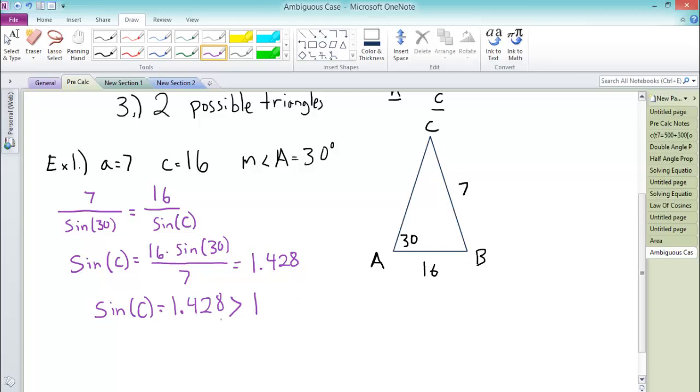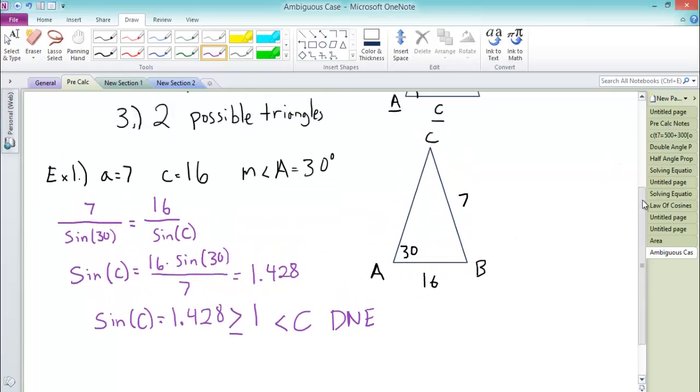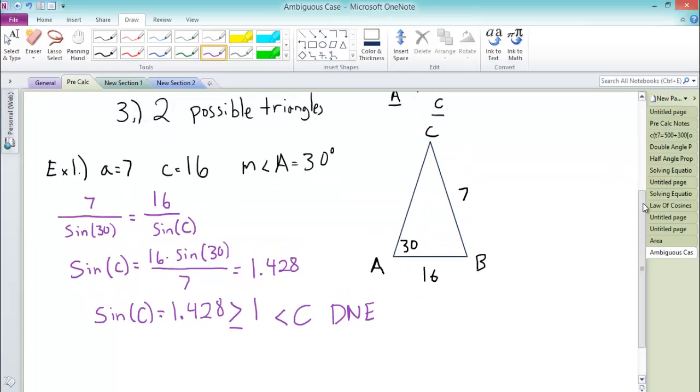There's no angle, so no such C exists, because sine cannot be bigger than 1. There's no such triangle that will form based on this.